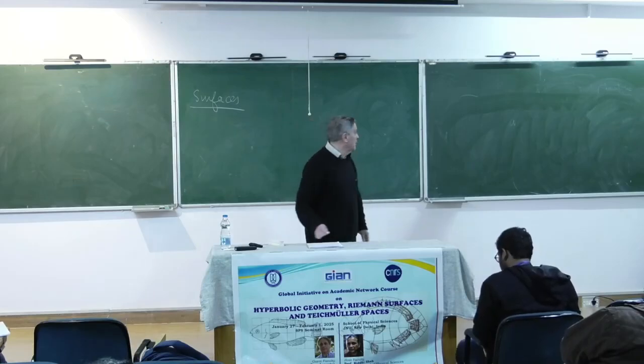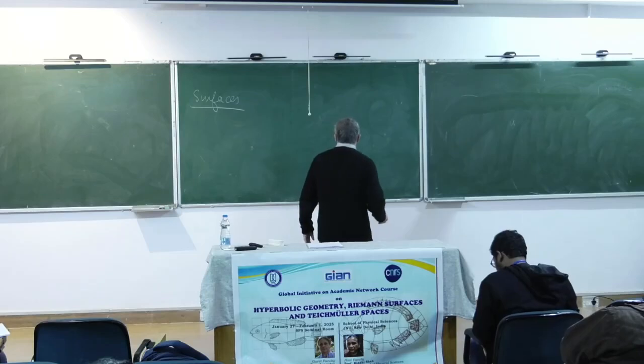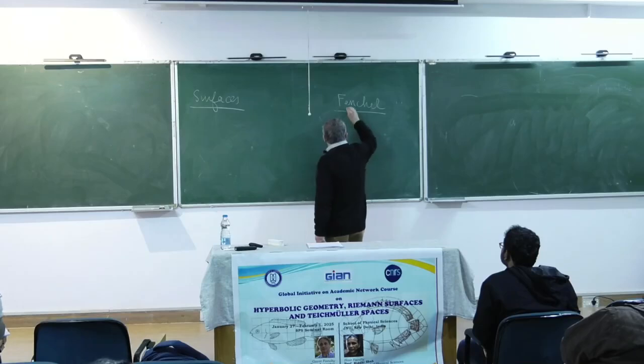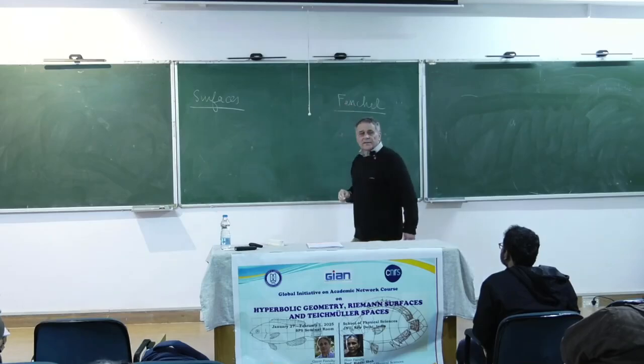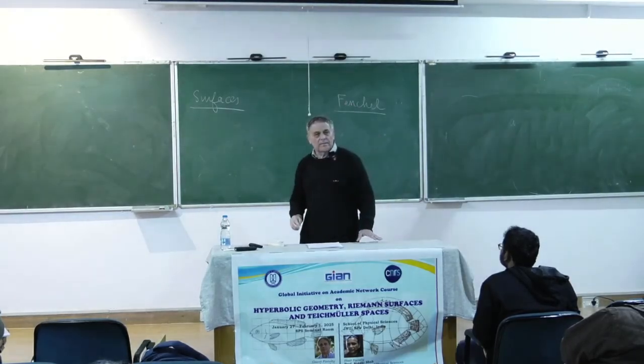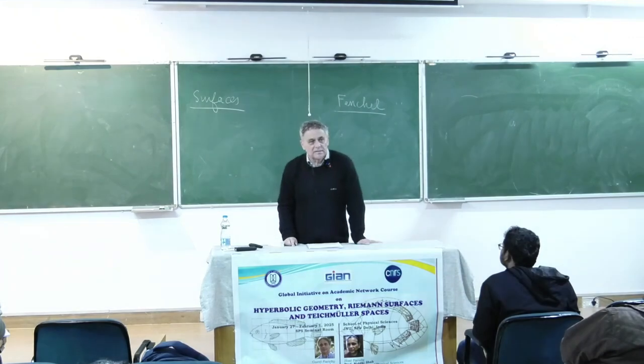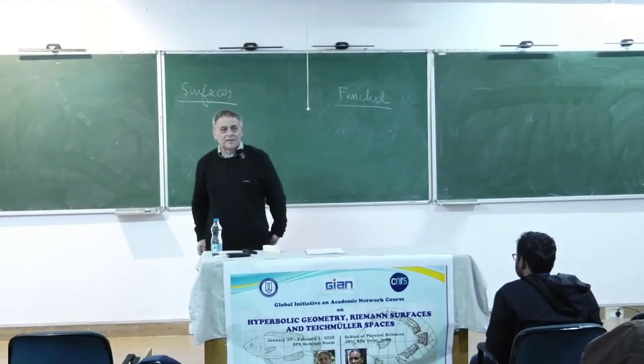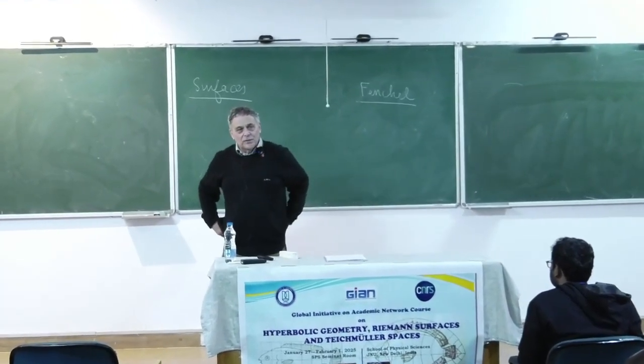In fact, there's a book by Fenchel. Fenchel is a great mathematician, in fact. His book was rather unknown until Thurston came with hyperbolic geometry, and then people started being interested in non-Euclidean geometry.